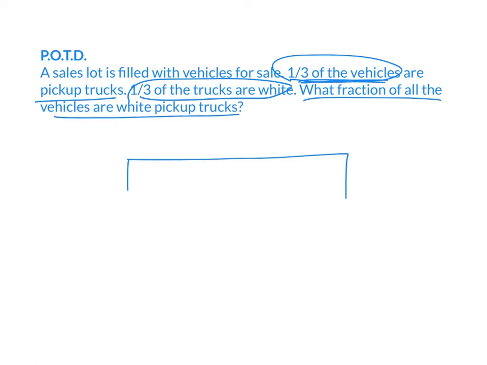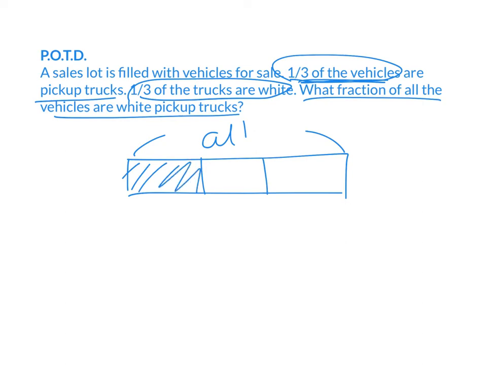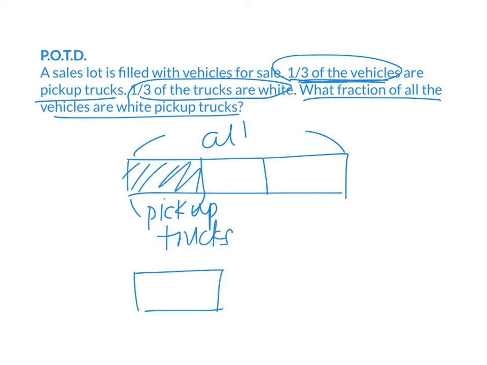So if I were to draw a model, and this is all the cars, only 1/3 of them are pickup trucks. Okay, now if I were to zoom in on that third, not all of them are white, right?